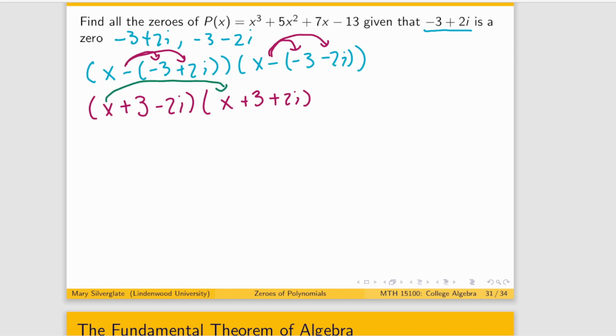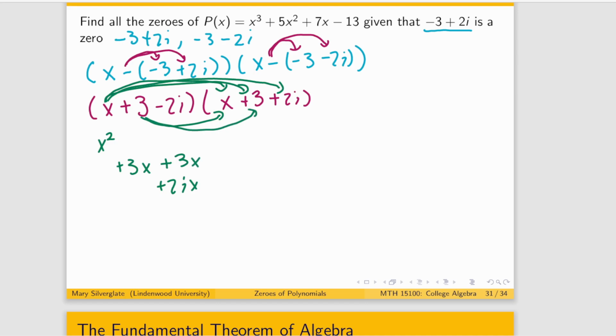So we do x times x to get us x squared. I'm going to keep track of the different types of terms on different lines since I'm going to have 6 of them. Then you do x times 3 to get plus 3x, x times 2i to get us plus 2ix, 3 times x to get us plus 3x again, 3 times 3 to get us plus 9, 3 times 2i to get us plus 6i.